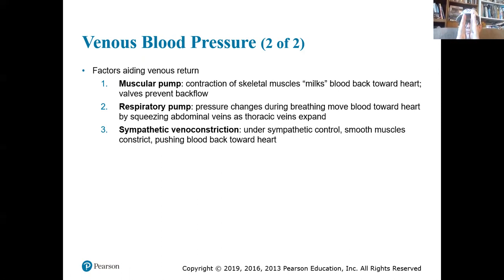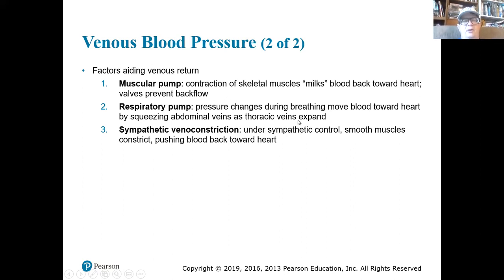You may want to send blood in both directions, up and down, but you can't send it down because you got a valve. So the blood goes up. That's the muscular pump. It is skeletal muscles and valves sending the blood towards the heart.